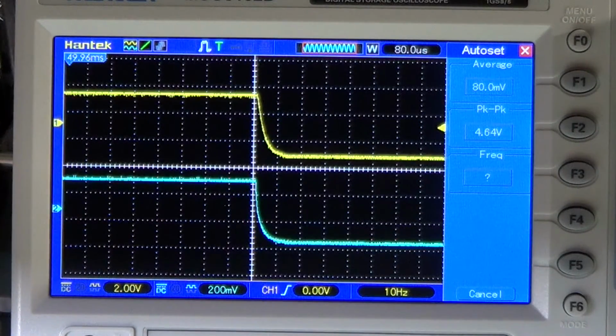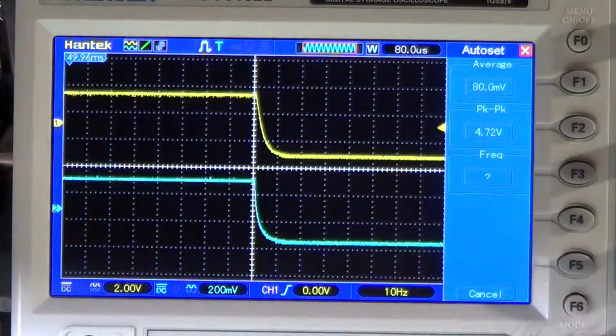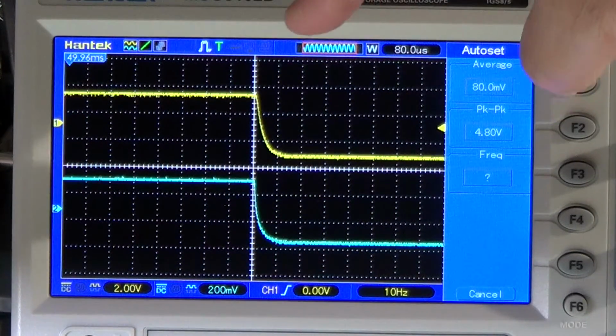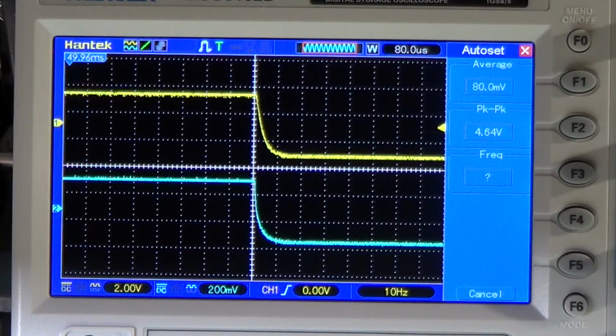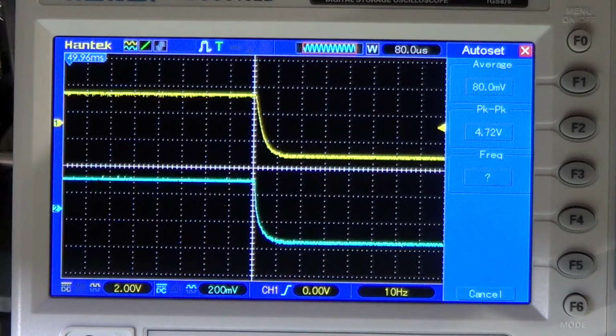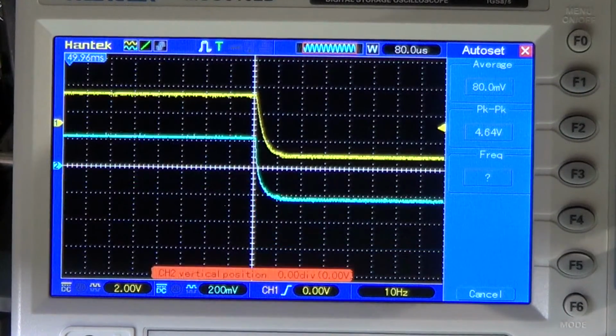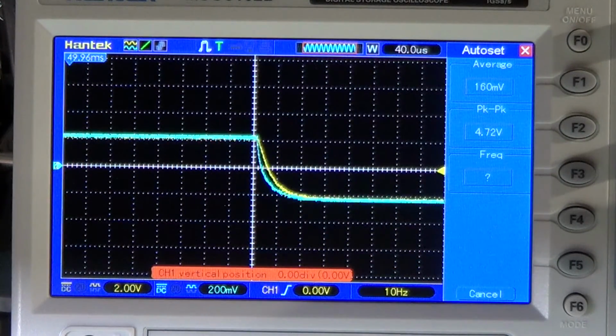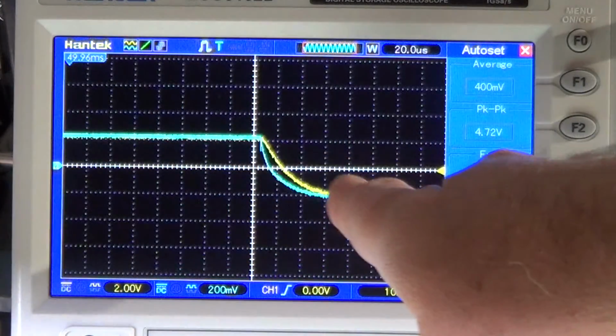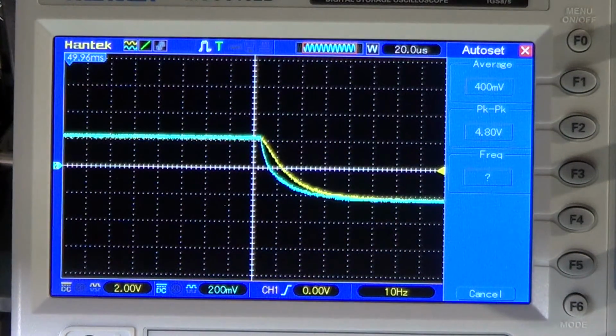While for the first order low pass filter the signal goes down very fast, for the second order low pass filter, the signal goes down slower, again because more high frequencies are missing, and so everything slows down accordingly. Let me superimpose them so you can have a better look at what is going on. See, there is a difference here between the two signals, the yellow one and the blue one.